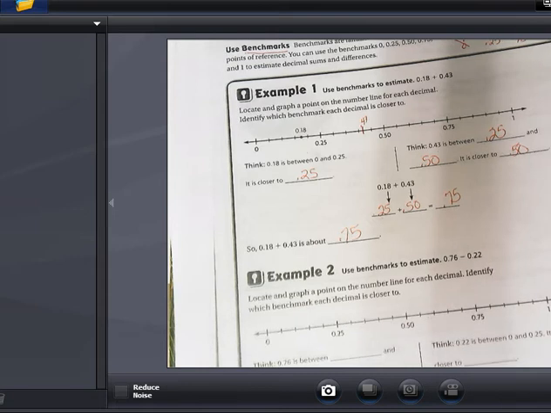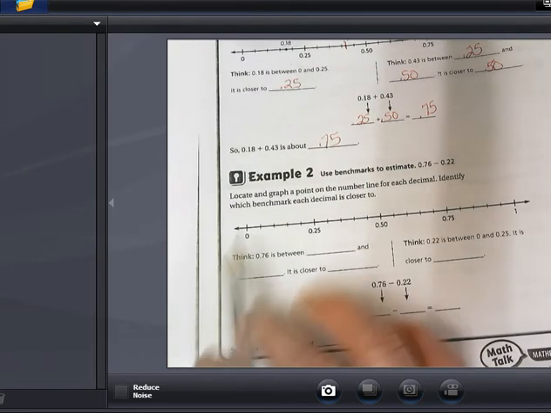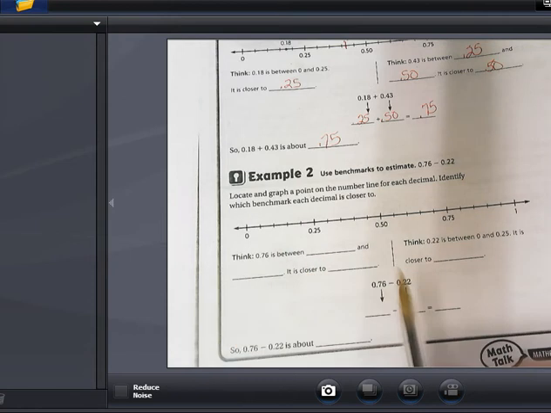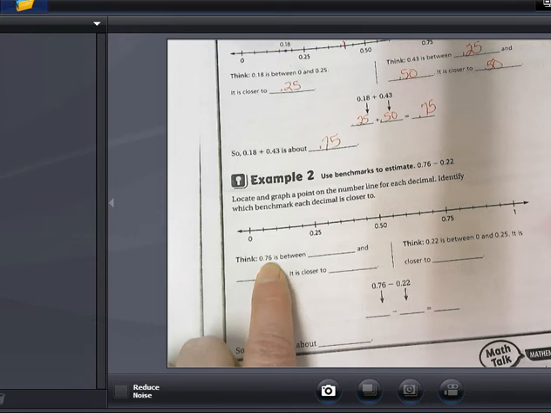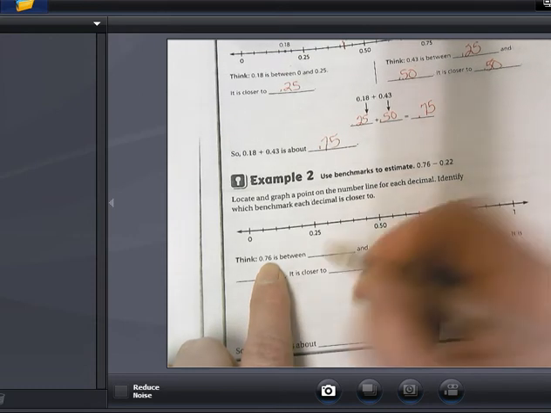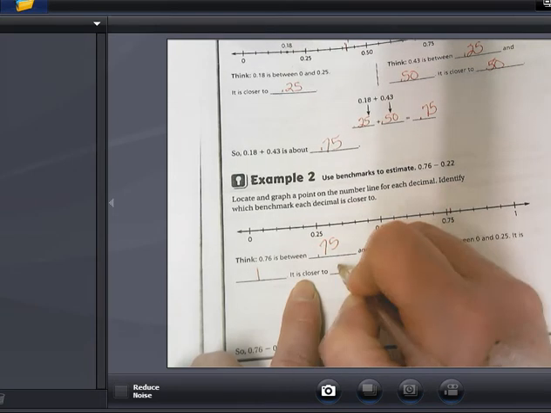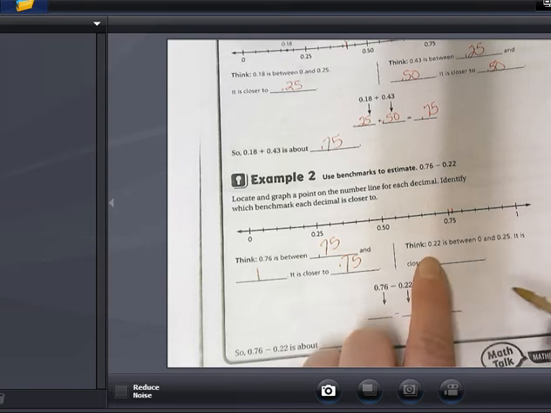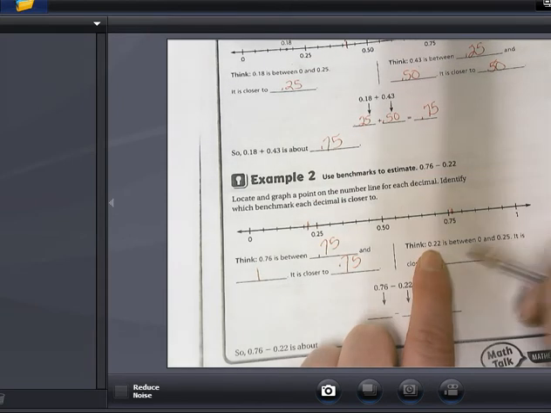We can do the same thing on subtraction using benchmarks. Locate and graph the point on the line of the decimal. Okay, so 76 hundredths is about right there, between 75 hundredths and 1 whole, but it's closest to 75 hundredths. 22 hundredths is about right there.